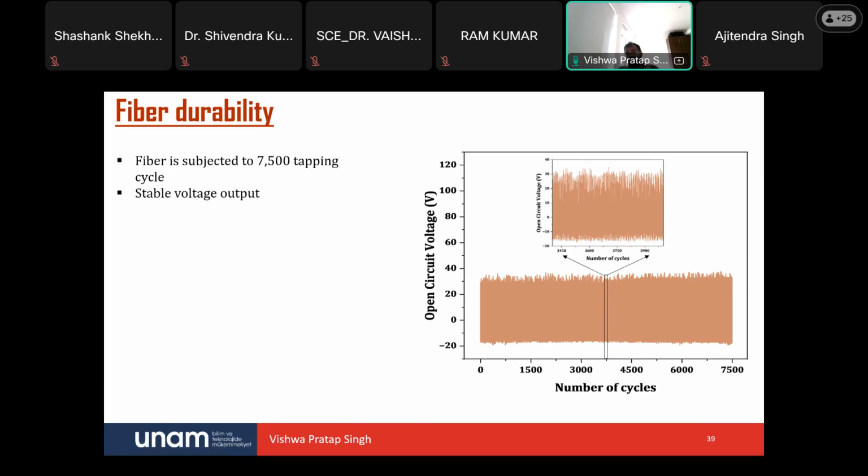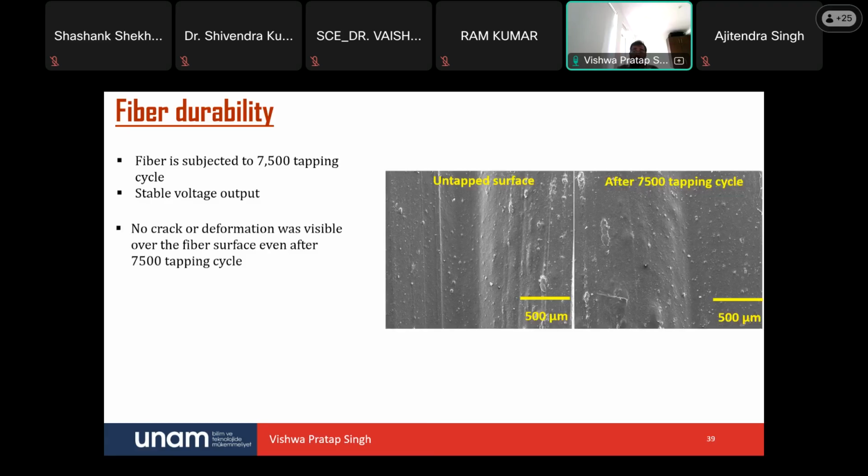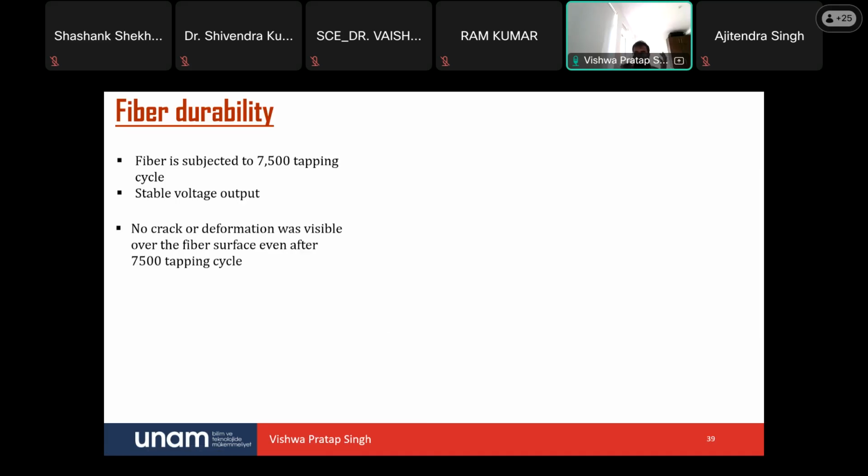The charge is still there, so it also multiplies the output. When we looked at the surface after tapping, there is no issue with the material. So after 75,000 tappings, we can use 10,000 tappings or more than that. You can use it for 20,000, 30,000. There is no issue.